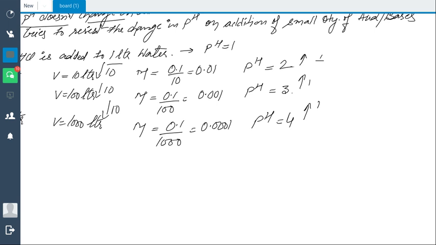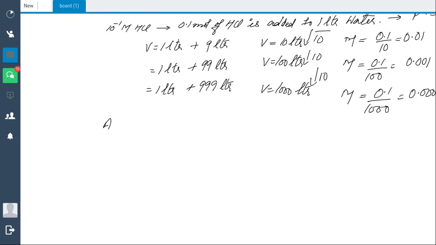Now see, the buffer solutions basically are of two types. First is acidic buffer. Now how do you get an acidic buffer?